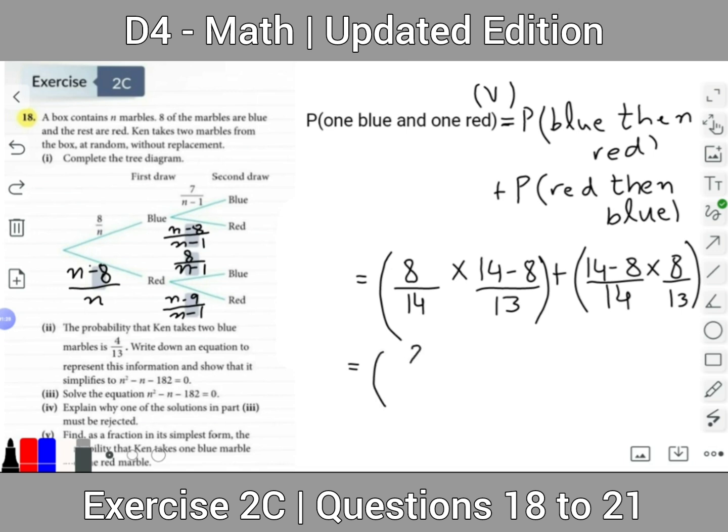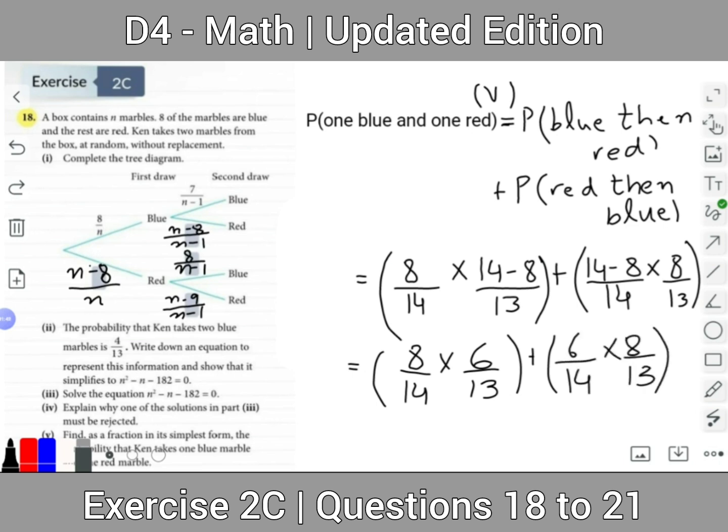Since we have 8 over 14 multiplied by 6 over 13 plus 6 over 14 multiplied by 8 over 13. Now we will make some simplifications where we have 2 4s are 8 and 2 7s are 14.